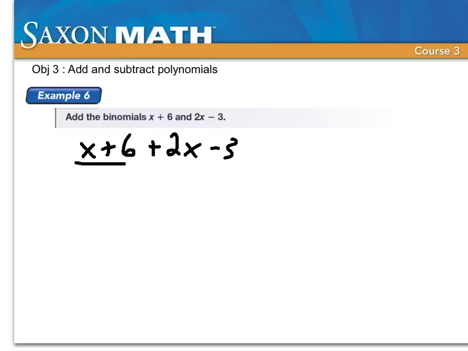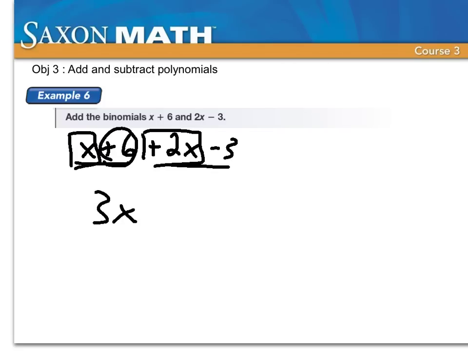So basically, here's my first binomial, and here's my second binomial, and I'm adding those together. Well, all this is collecting like terms then. I've got an x plus a 2x, that gives me a 3x, and I've got a positive 6 and a negative 3, and positive 6 plus negative 3 is positive 3.